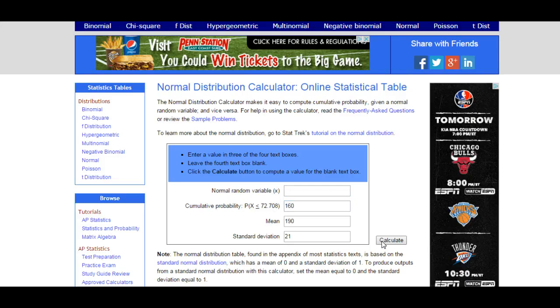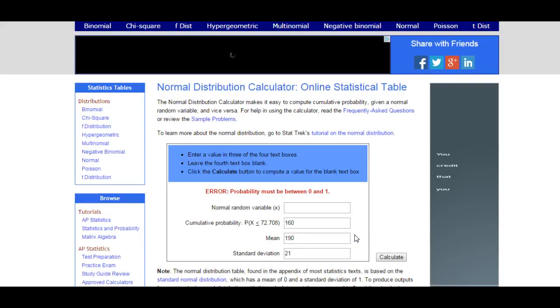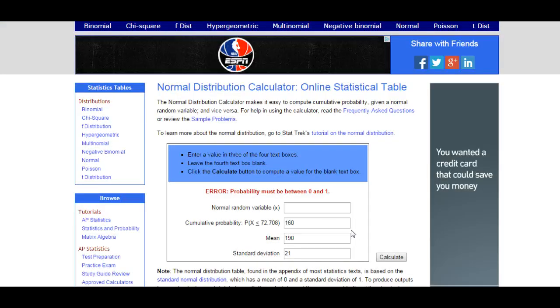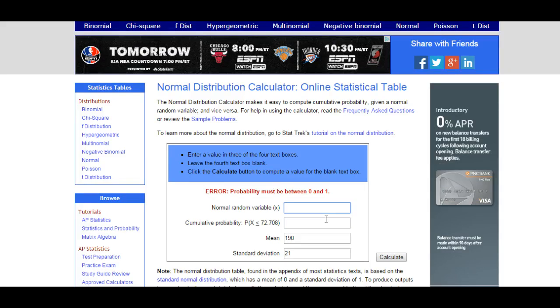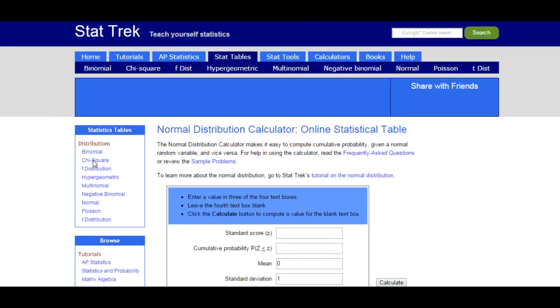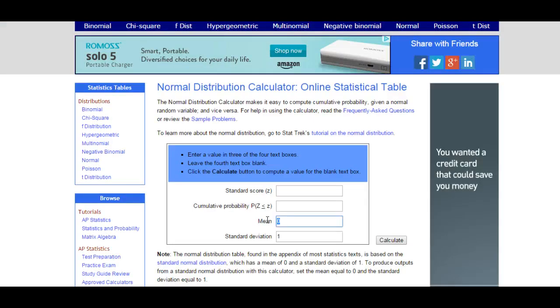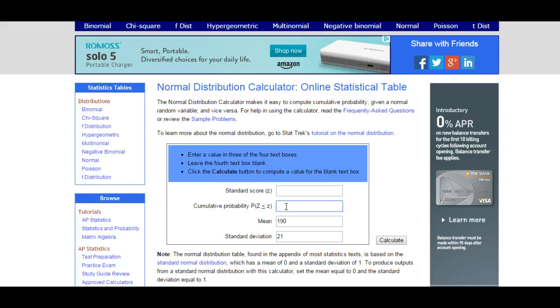So we can go ahead and just click calculate. Okay, let's go back. Sometimes I get confused on where this goes exactly. Let me click on normal. Okay, so we're going to change the mean to 190. We're going to change the standard deviation to 21, and we want the probability that he finishes in fewer than 160 minutes.